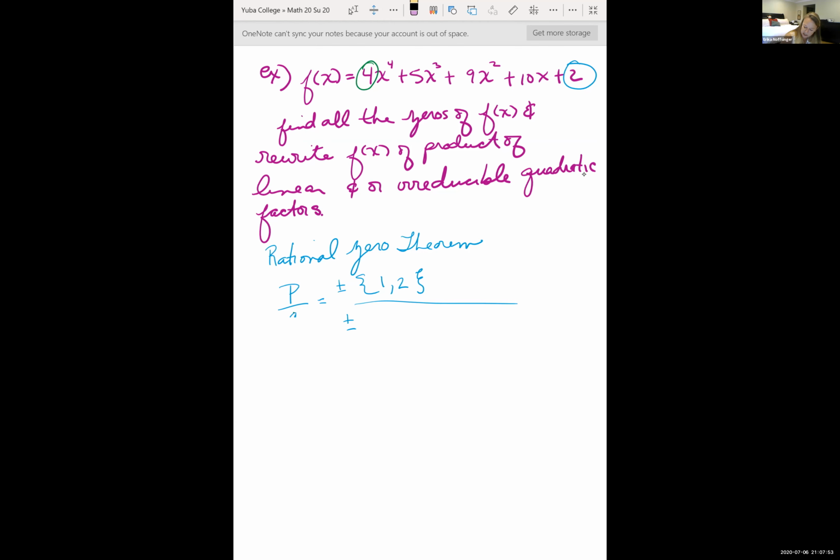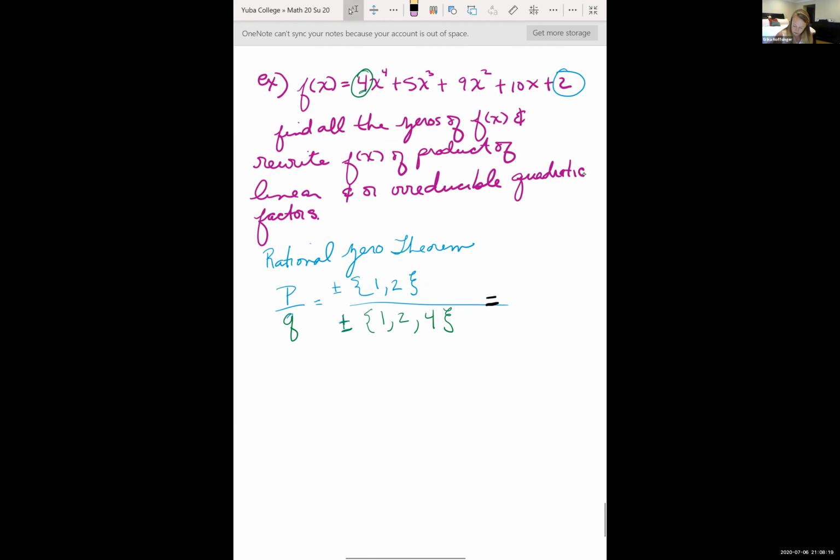Numbers that go evenly into 4 are 1, 2, and 4. So if I look at P divided by Q, 1 divided by 1 is 1, 1 divided by 2 is 1/2, and 1 divided by 4 is 1/4.